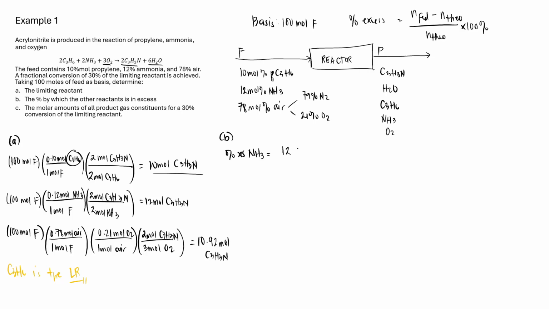So 12 moles minus the theoretical amount. The theoretical amount is based on the limiting reactant. So 10 moles C3H6, and for 2 moles of C3H6, that's 2 moles of NH3.